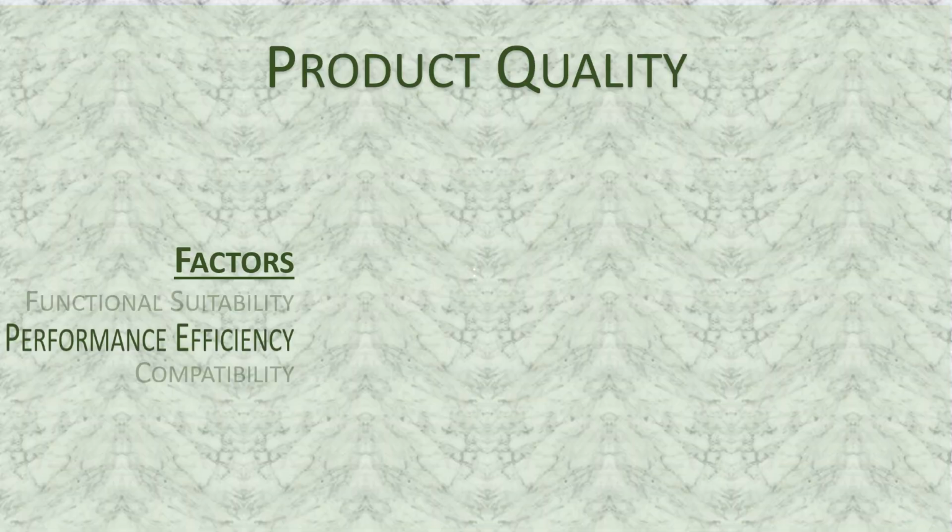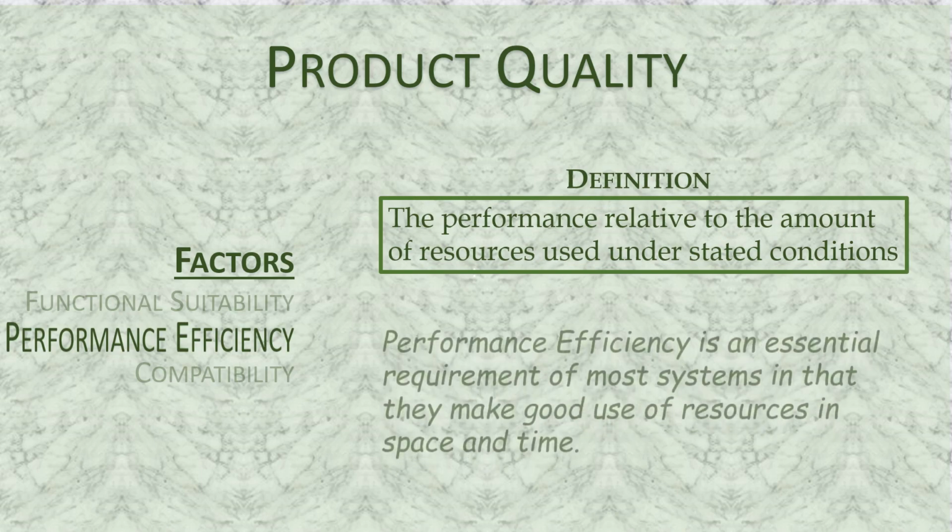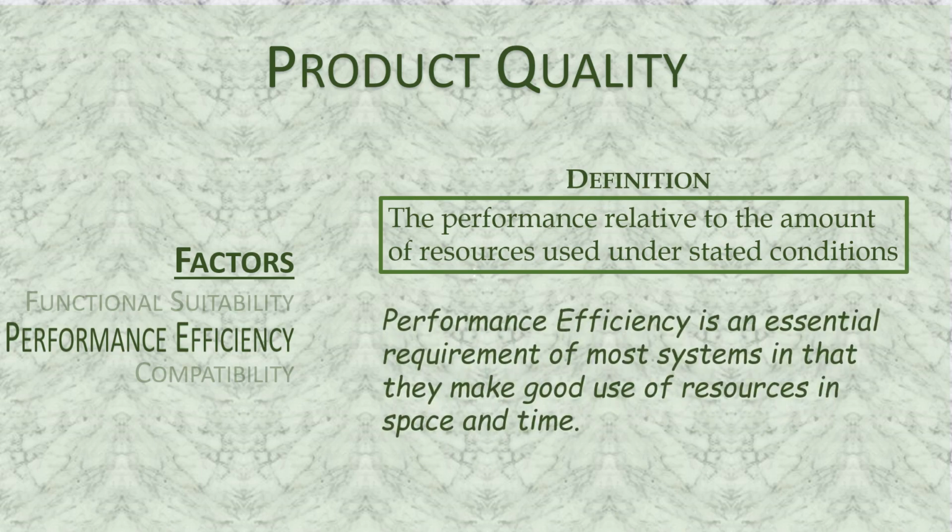Performance efficiency, the next product quality factor, is defined as performance relative to the amount of resources used under stated conditions. Performance efficiency is an essential requirement of most systems in that they make good use of resources in space and time.